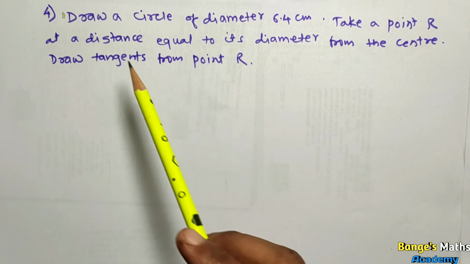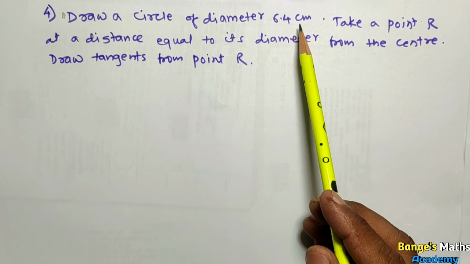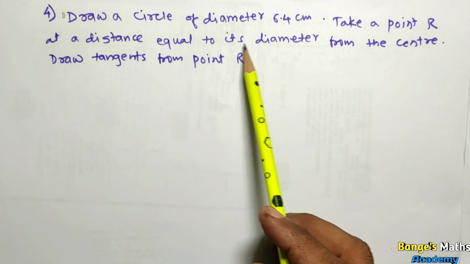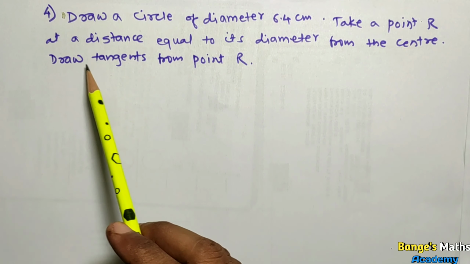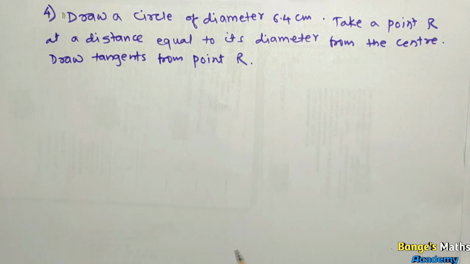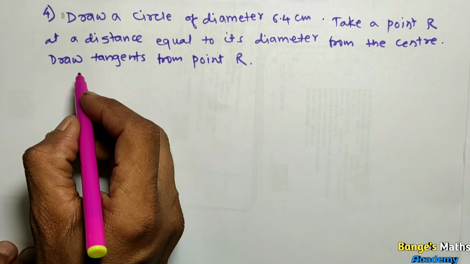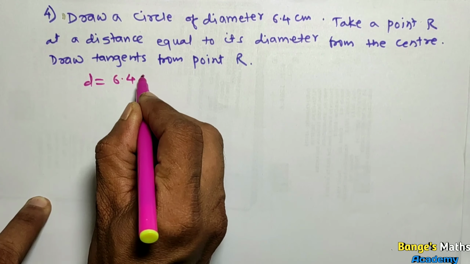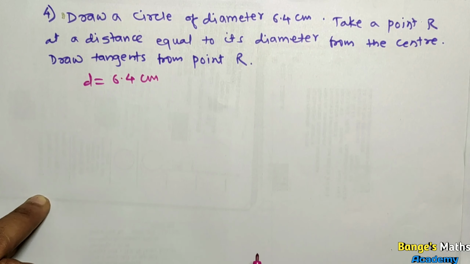Fourth example, draw a circle of diameter 6.4 cm. Take a point R at a distance equal to its diameter from the center. Draw tangents from point R. See, in this example, diameter is given 6.4 centimeter. We can draw a circle with diameter 6.4.